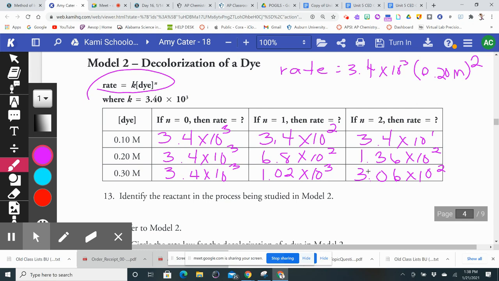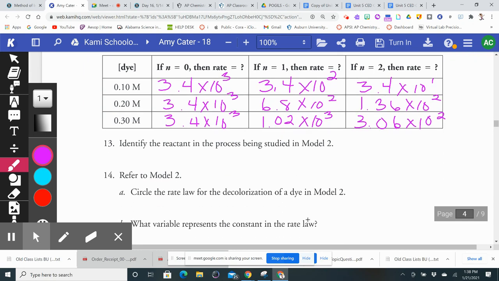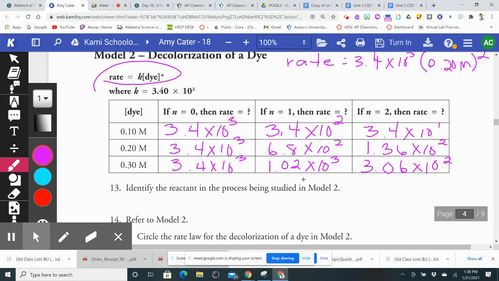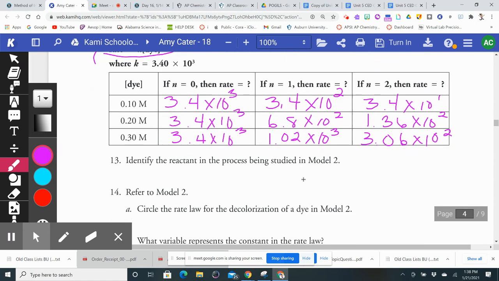All right, identify the reactant in the process being studied in Model 2. So what is our reactant? The dye, exactly. So number 13 would be the dye. Number 14, refer to Model 2. Circle the rate law for the decolorization of the dye.